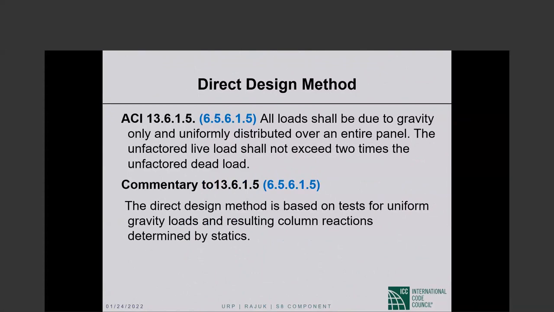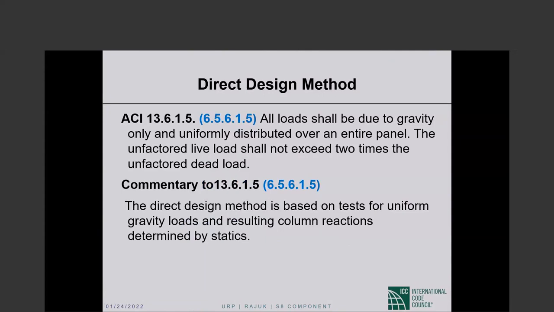All loads shall be due to gravity only and uniformly distributed over an entire panel. The unfactored live load shall not exceed 2 times the unfactored dead load. This is a significant limitation, although in a concrete structure, this is not much of a limitation.